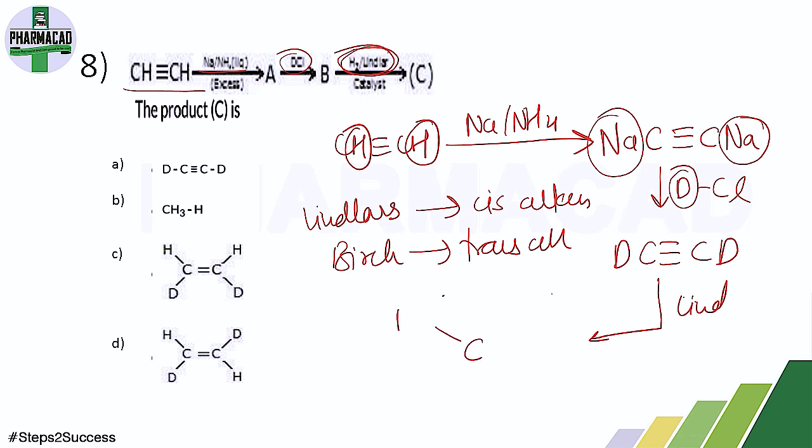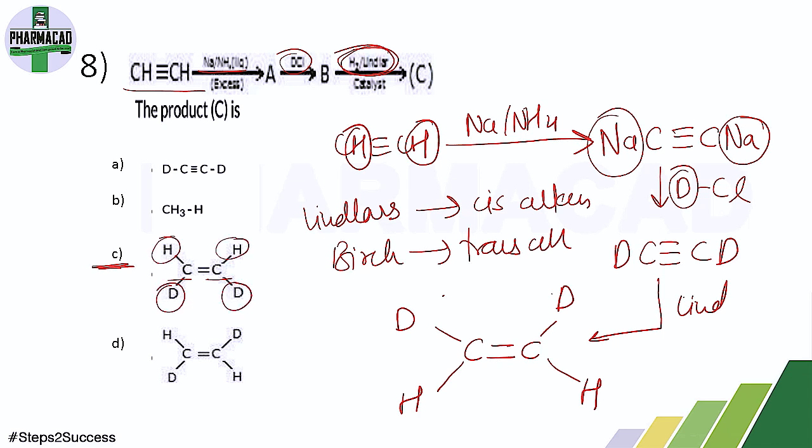So C with D, double bond C with D, and two hydrogens from the same side. So what is the correct option? It is option C. C double bond C, hydrogen, hydrogen, and DD, that is deuterium. Okay, so the correct answer is option C.